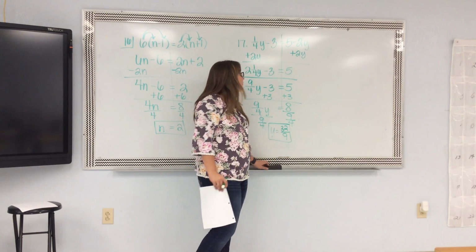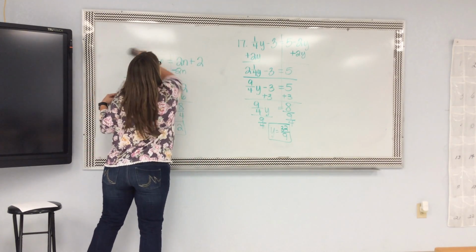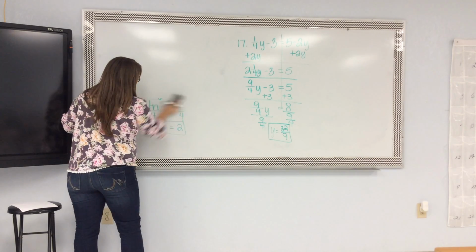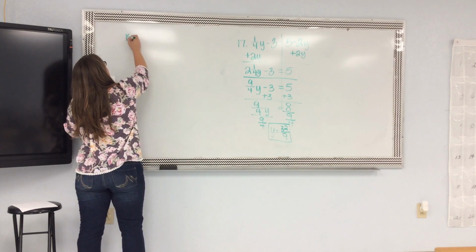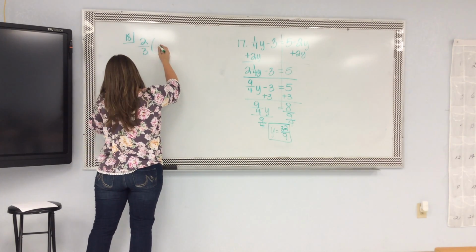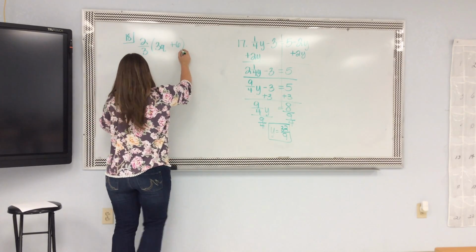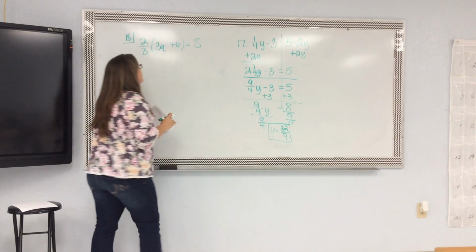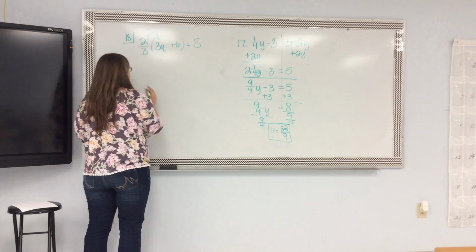That's okay. Okay? And lastly, number 18. Number 18. One more little fraction left. 2/3, parentheses, 3q plus 6 equals 8. Distribute that 2/3 out. 2/3 times 3q.